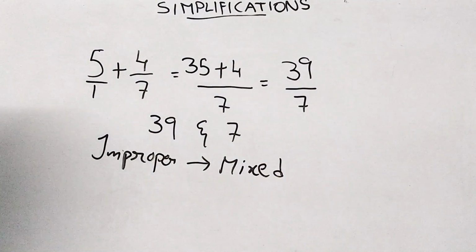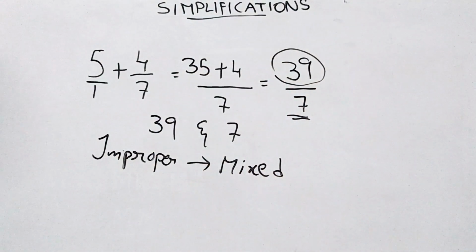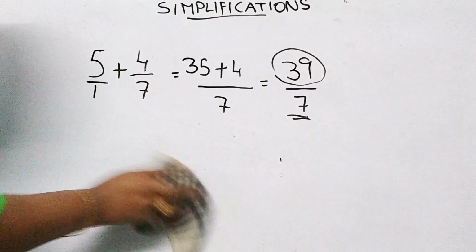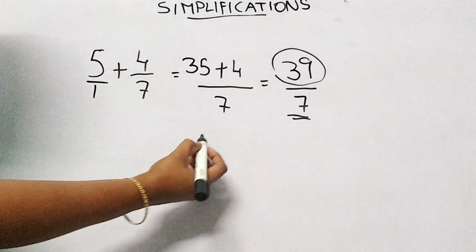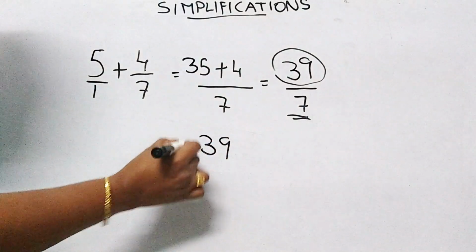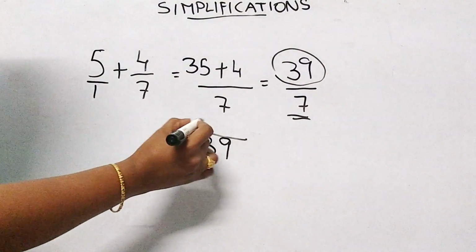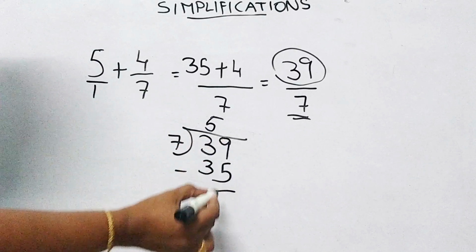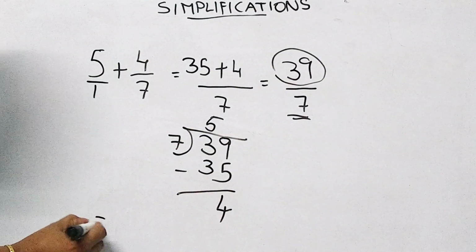So to convert this into a mixed fraction, we divide the numerator by the denominator. So when we divide 39 with 7, 39 inside, 7 outside, 7 5s are 35, 9 minus 5 is 4, so the remainder is 4.